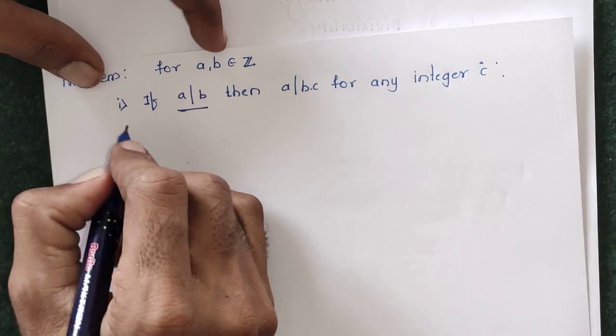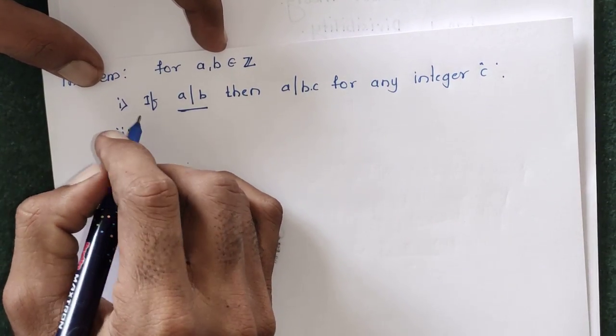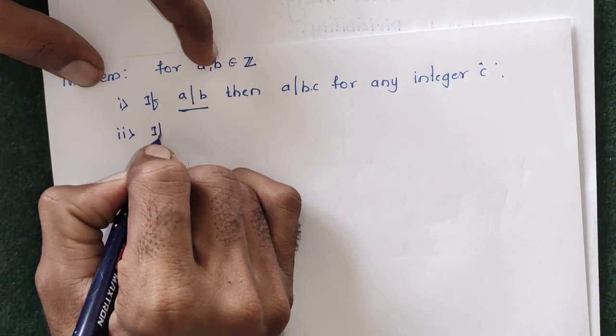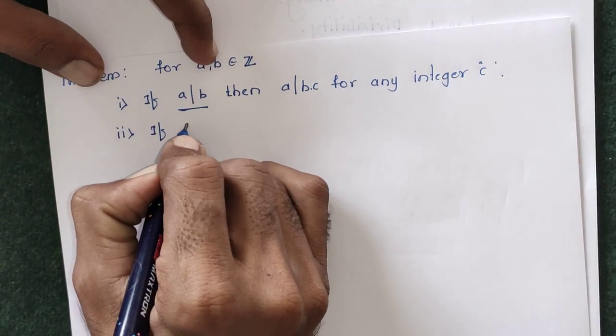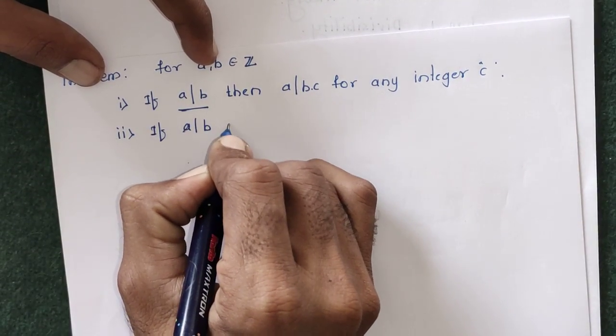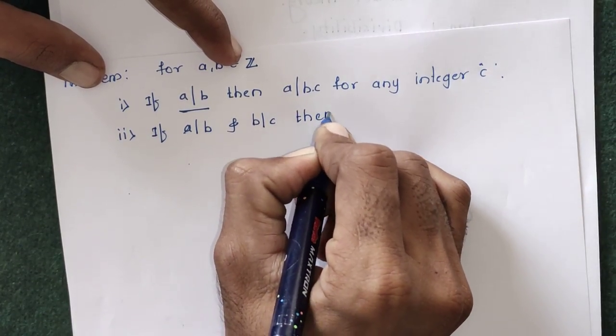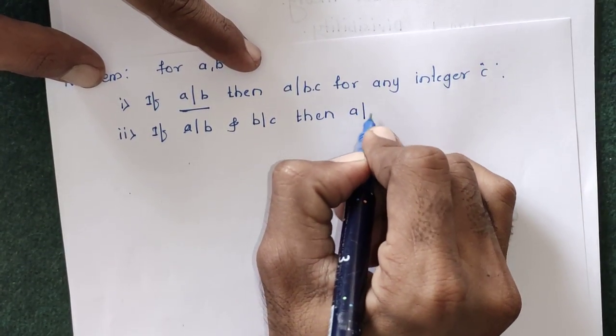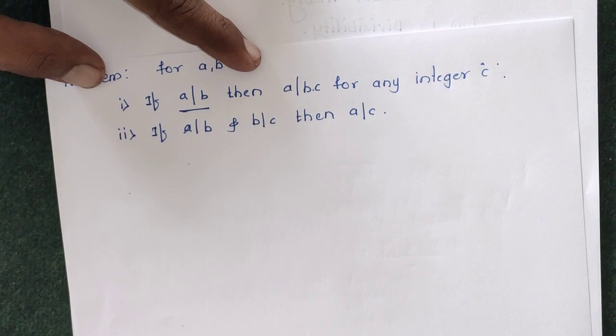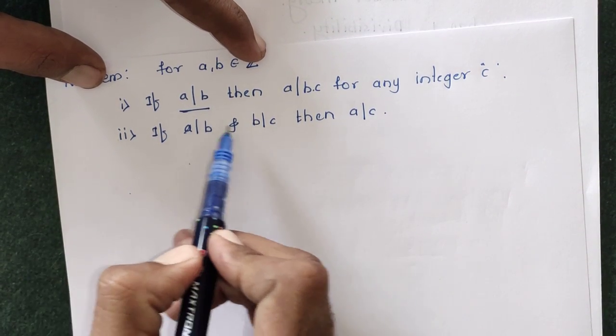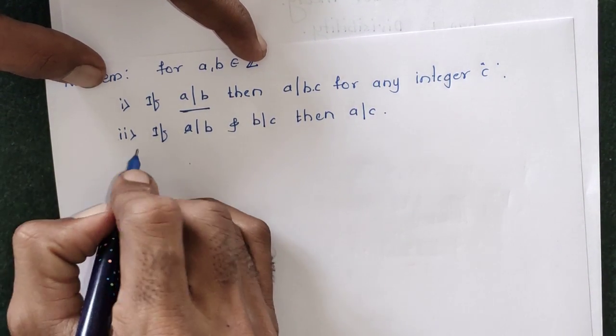The second statement is, if a divides b and b divides c, then a divides c. Here a, b, c all are integers.